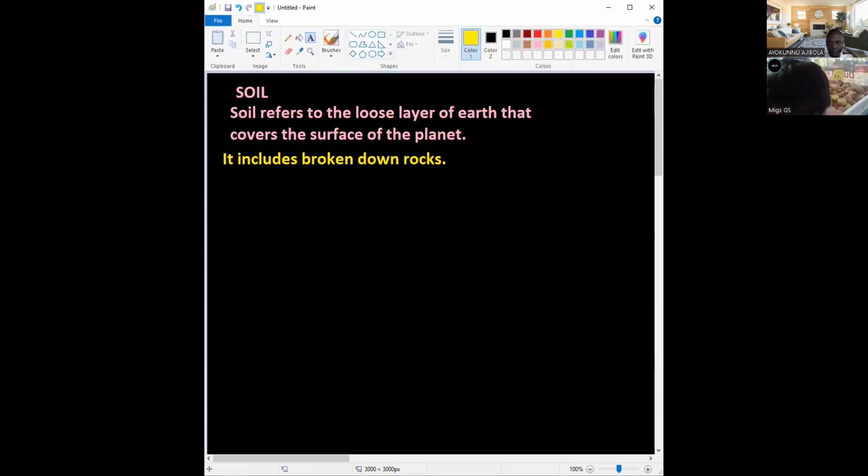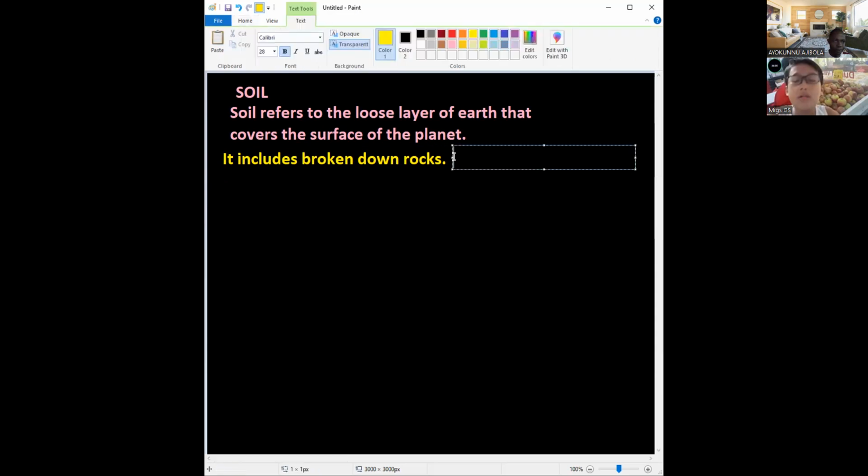Having said that, we can also see that it does not only include these broken down rocks, it includes humus, and inorganic and organic materials.